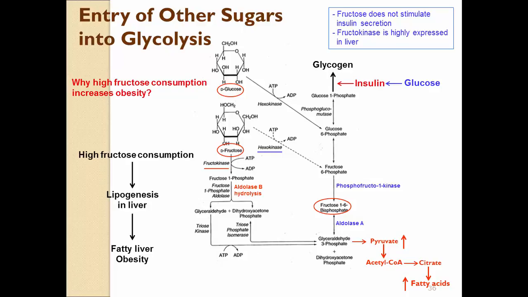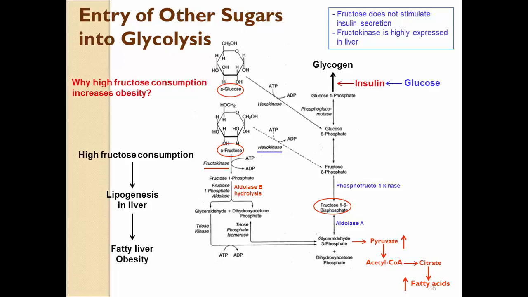This is the main mechanism for why high consumption of fructose causes a lot of problems, particularly related to lipogenesis in the liver, fatty liver, and obesity. Is that clear? Any questions about this?